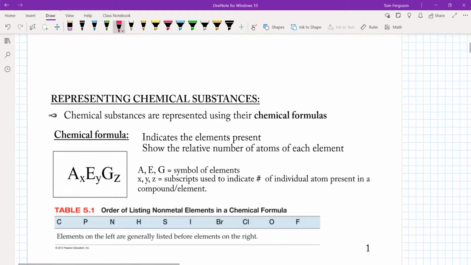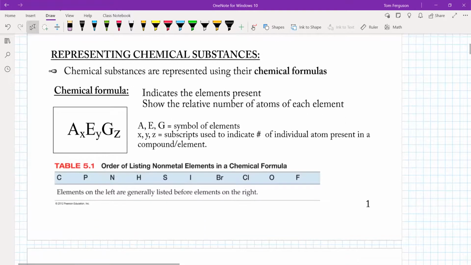Now, we can represent chemical substances a lot of different ways. And we went over in detail the VSEPR model, the valence shell electron pair repulsion model, in extreme detail. There are various ways to represent that. Formula always starts off with something like this. A, E, G are elements, X, Y, Z are subscripts saying how many of the individual atom is present.